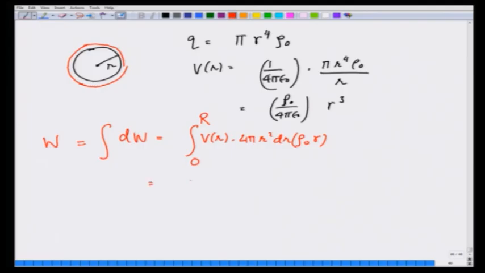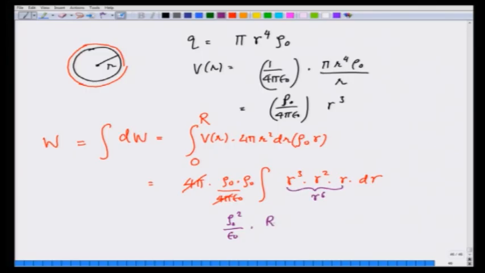So, the 4 pi comes out, V(r) is nothing but rho naught over 4 pi epsilon 0 times r cubed, integration r cubed times r squared times r dr, and there is an extra rho naught coming from the charge. So, the 4 pi cancels. I get rho naught squared over epsilon 0 times r raised to 6, so I get r raised to 7 over 7, which is rho naught squared R raised to 7 over 7 epsilon 0, the total work done.